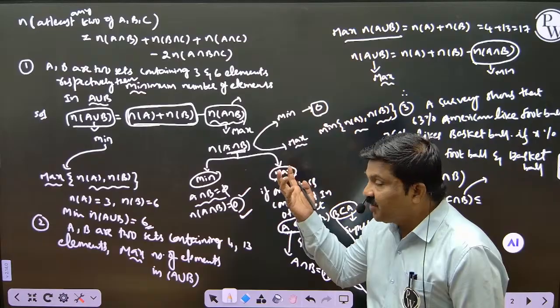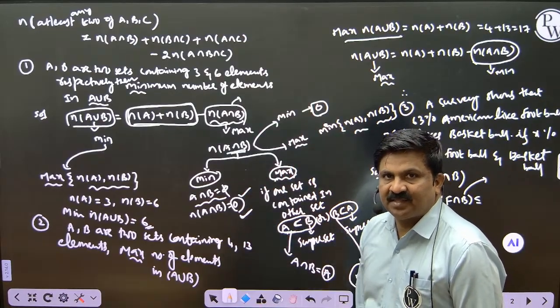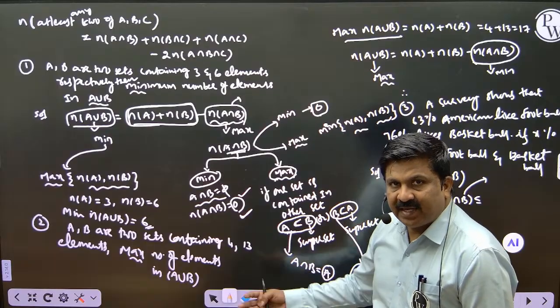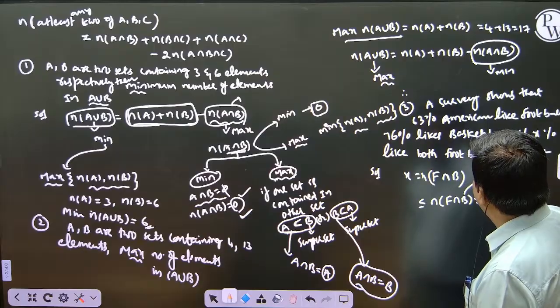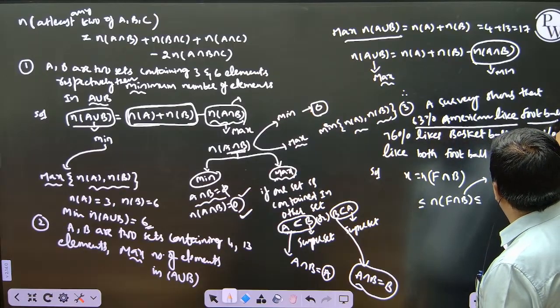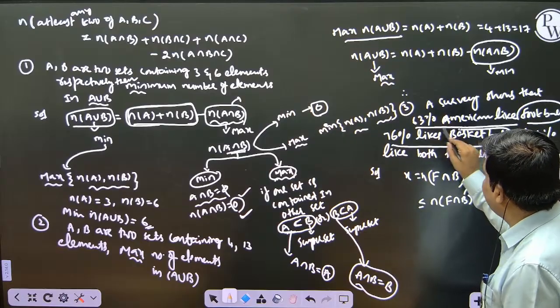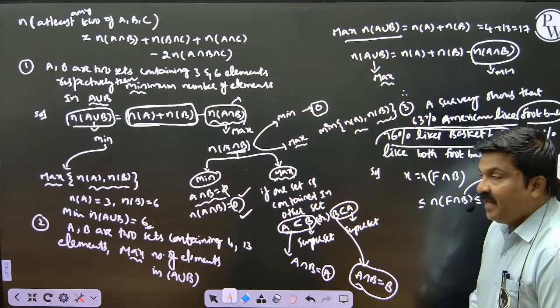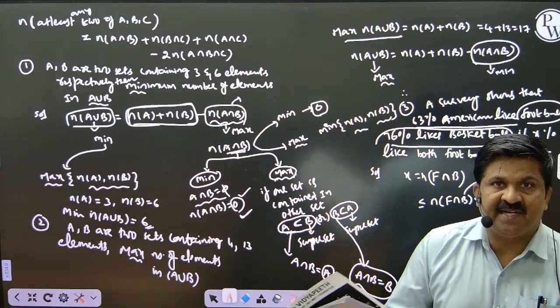But here he mentioned that 63% of Americans like football, but 76% like basketball. Adding the football and basketball percentages, we are getting 139%, or not.